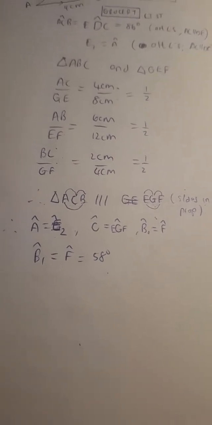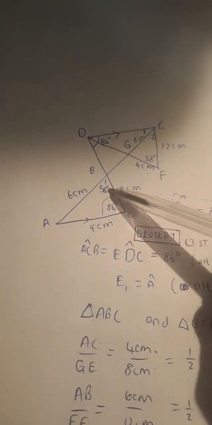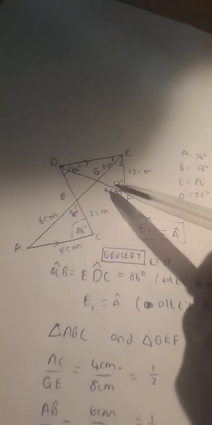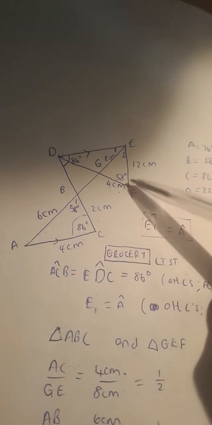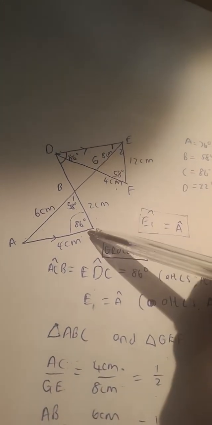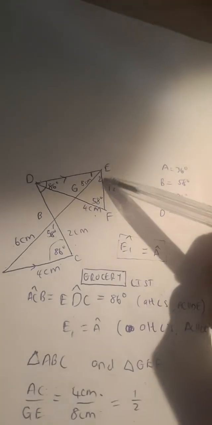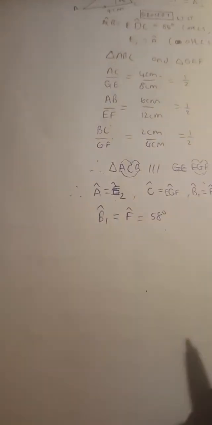That's very important. Then, this angle C is equal to angle EGF, so that means it is 86 degrees. This was based on similar triangles.